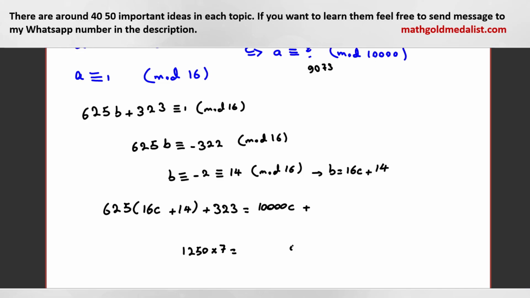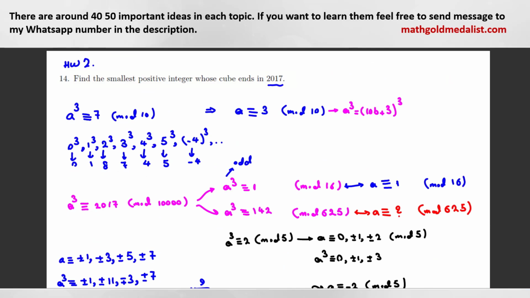Okay, 7 times 0, 7 times 5, 35. We have 3. 7 times 2, 14 plus 3, 17. We have 1 and 8, right? So 3709, right? Completely correct. Good job. And because it says what? The problem says find the smallest positive integer.